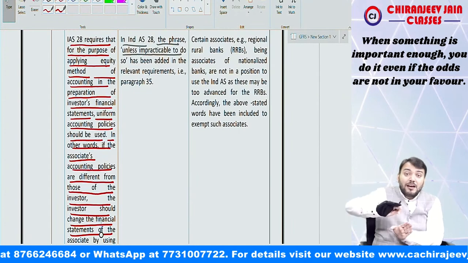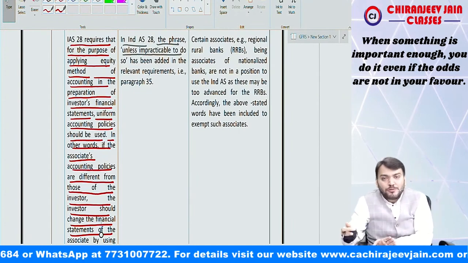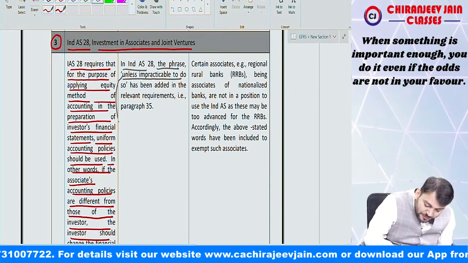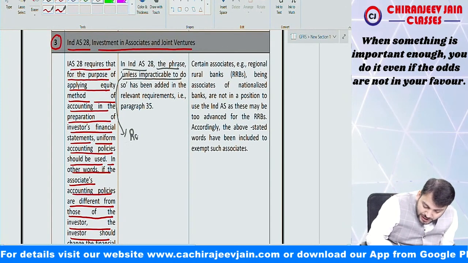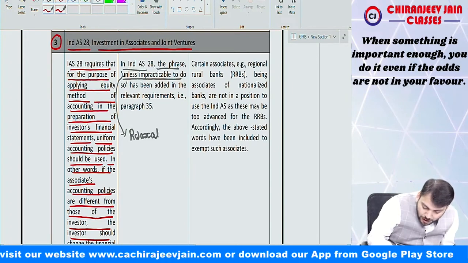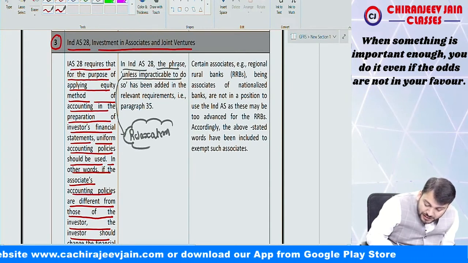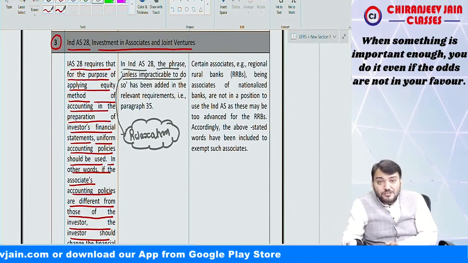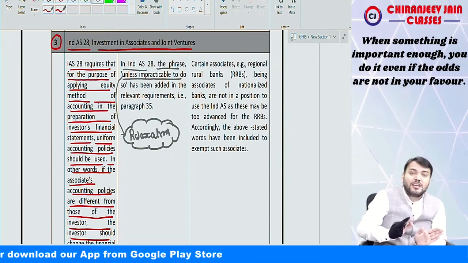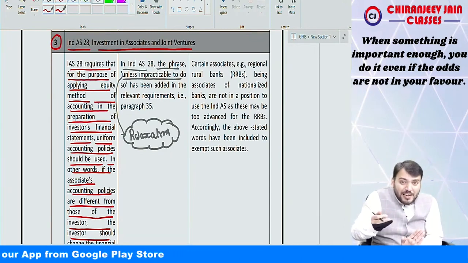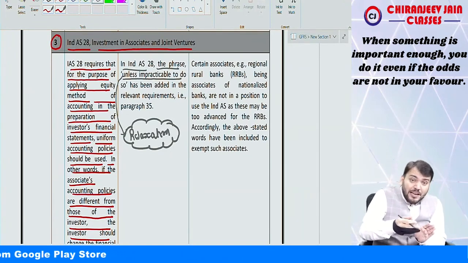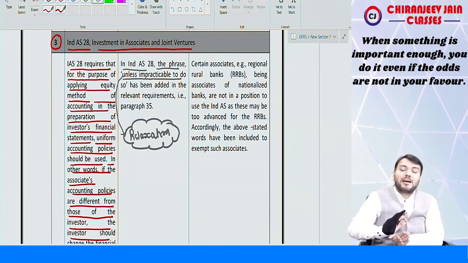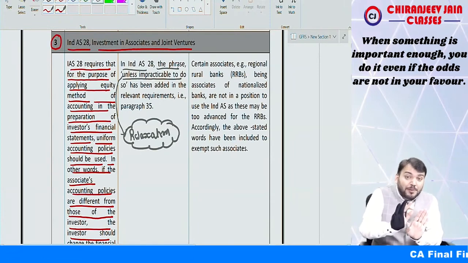They have added one phrase, unless impracticable to do so. Means some relaxation has been given under Ind AS 28. If the associate is not able to prepare financial statements based on the accounting policies of the investor, then some relaxation has been given that we can do consolidation based on the equity method without changing the accounting policies, unless impracticable to do so.